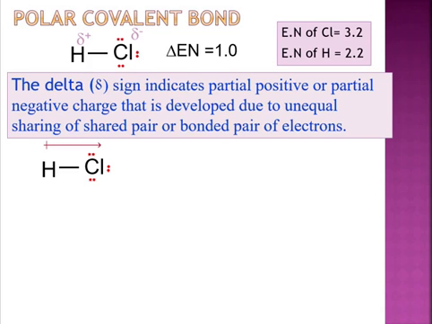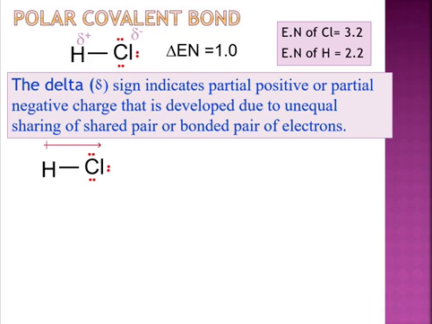The head of the arrow points towards the more negative end of the bond, and the crossed tail indicates the positive end. Or you can say that there is a shift of electron density from hydrogen to chlorine, because the chlorine atom is more electronegative than the hydrogen atom.